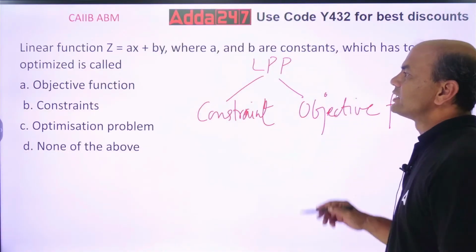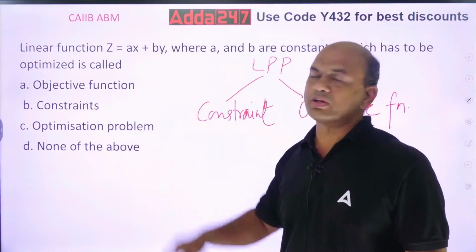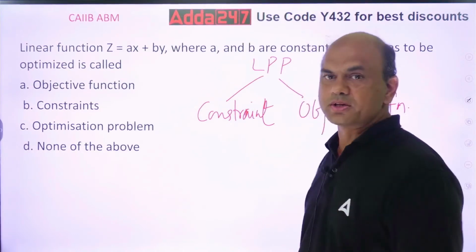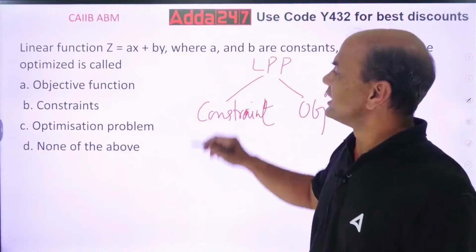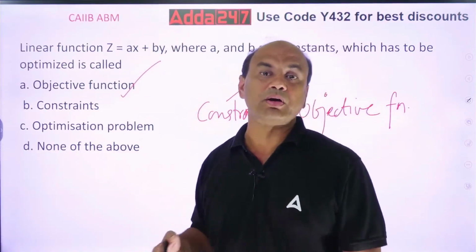So these are the two things always in any LPP. This function we call the Z function. Z function is always an objective function. So this Z becomes the objective, and this has to be optimized. Now what do you mean by optimized?